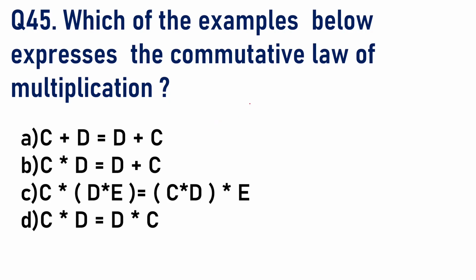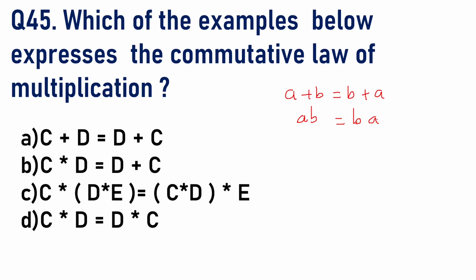For addition, a plus b is equal to b plus a, and for multiplication, ab is equal to ba. From these laws, it follows that any finite sum or product is unaltered, not changed by reordering its terms or factors.